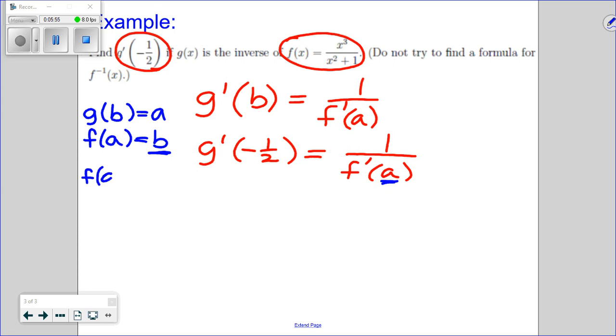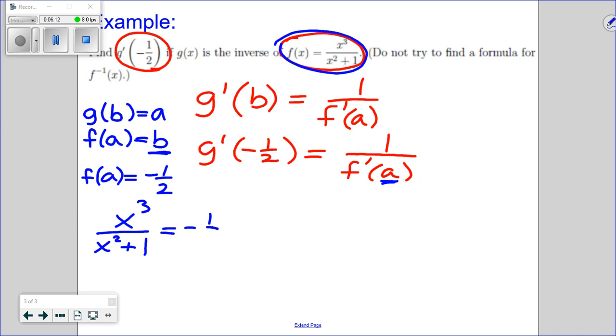So f of a would equal negative 1/2. So what we have to do to solve for a is take our function x cubed over x squared plus 1, set it equal to negative 1/2, and solve it for x, because a is in place of x.